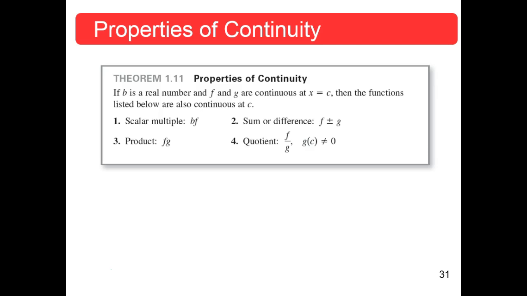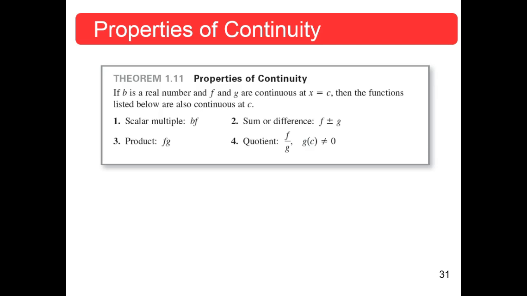Then the functions listed below are also continuous at x equals c. Now remember, b is just any old real number here, not necessarily our right-hand end of the interval. In fact, definitely not that. Okay. b is any real number, f and g are continuous at some value c.